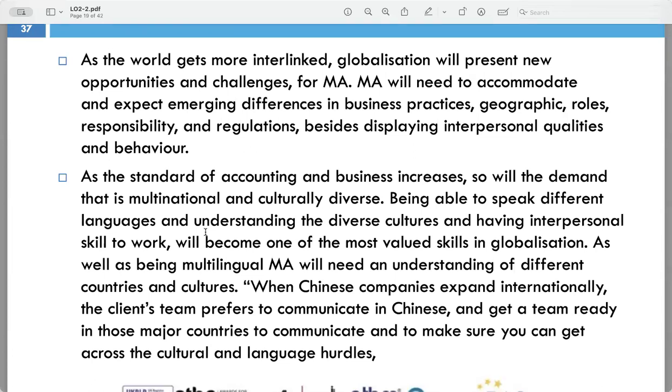Globalization encompasses a wide range of cultures, traditions, and countries.